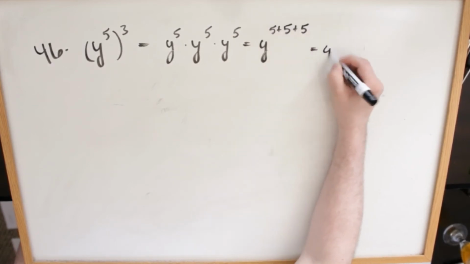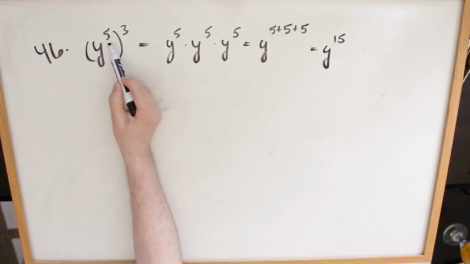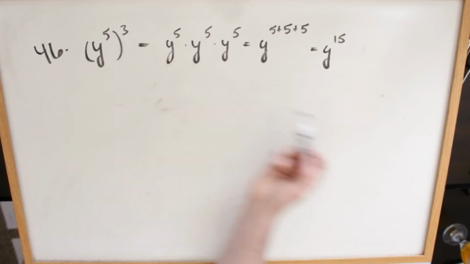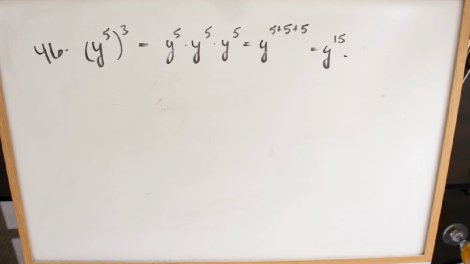Which is equal to y to the 15th, okay? So now you could just take this jump. Okay, y to the 5th raised to the 3rd, 5 times 3 is 15. There's our answer, right? You can do that. That's fine. In fact, I'm probably going to start doing that here a little bit. But it's not a bad idea to just write this out, especially early on.